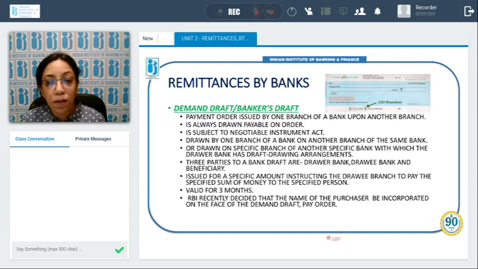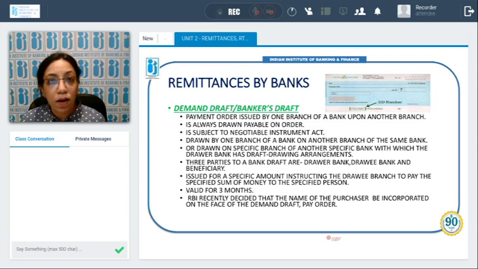There are three parties to a bank draft: drawer bank, drawee bank, and beneficiary. Demand draft is issued for a specific amount, instructing the drawee branch to pay the specified sum of money to the specified person. The specified person is the beneficiary.